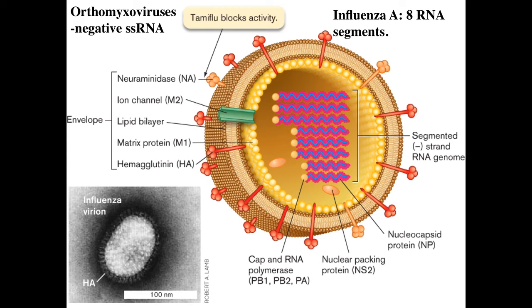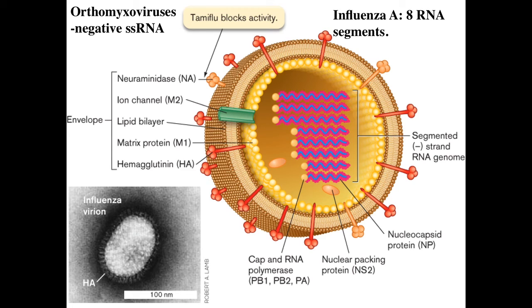In negative sense viruses like influenza, the example we're going to use for orthomyxoviruses, that negative strand RNA genome must first be turned into a positive strand of RNA, which gets used as messenger RNA.